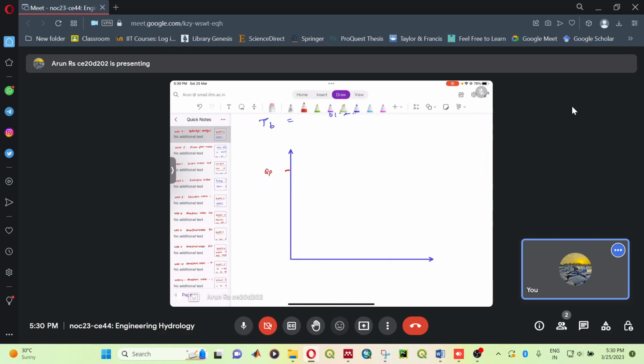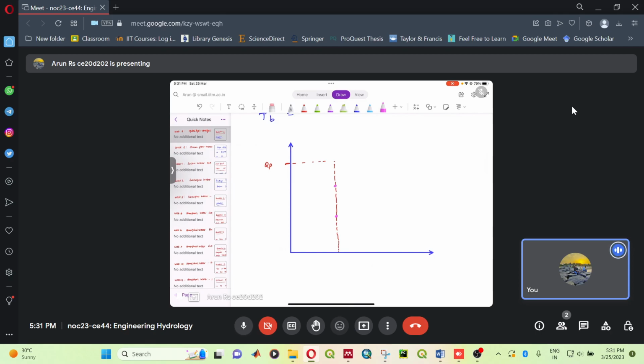Let's say that is somewhere here. Now we have width at 75% of the peak and width at 50% of the peak.